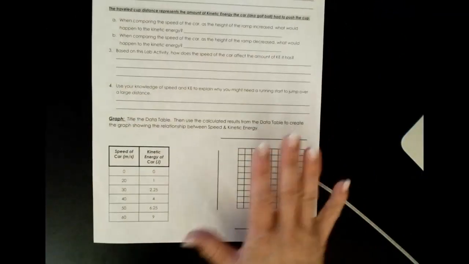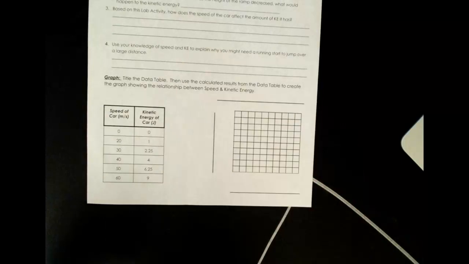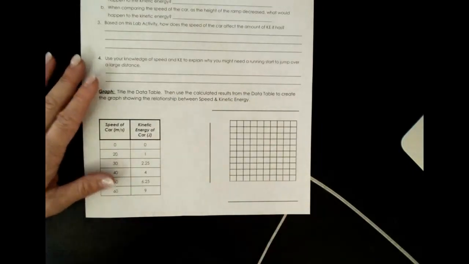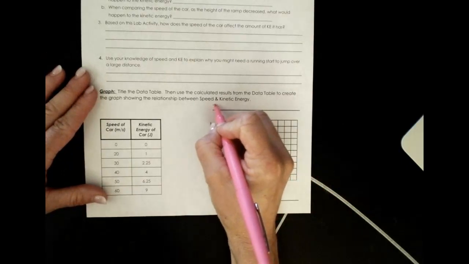And now we're going to do the graphing part of it. And I'm going to actually do this one with you guys. That way, instead of just seeing it done, I want to make sure you understand how it's done. So the first thing we're going to do is give it the title, if you remember. If not, you need to practice.